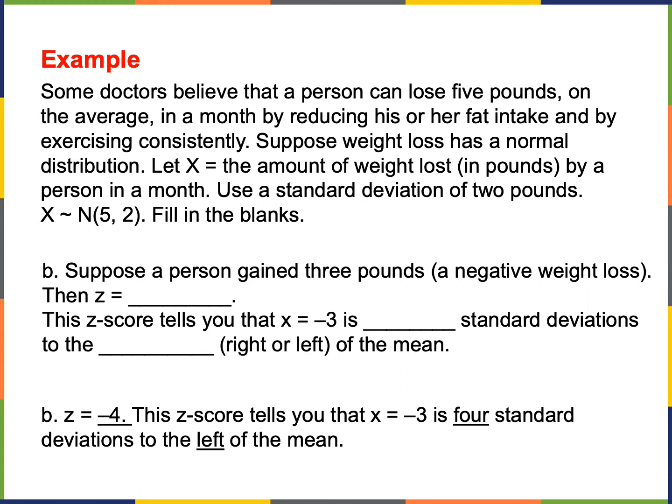Negative 3 minus 5 is negative 8. Negative 8 divided by 2 is negative 4. And then what does that mean? That just tells you that x equals negative 3 is 4 standard deviations away. Notice that this is positive because it's an amount. And then here's where the negative comes in. Because it's negative, we say it's left of the mean.